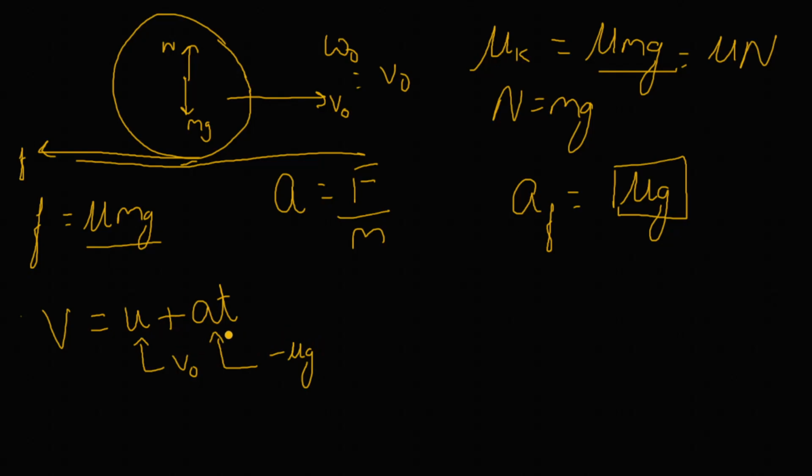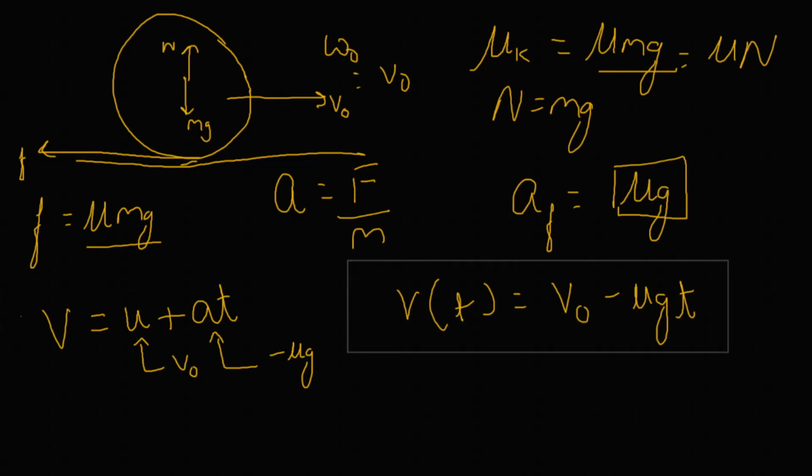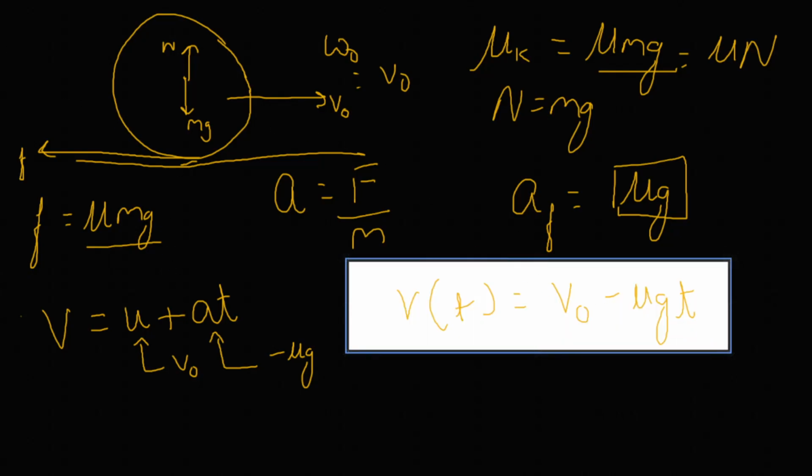It is going to be represented by a negative sign, and t is t. So let us write v as a function of time. V as a function of time is v naught minus mu g t. Let us highlight this. So this is important. We'll need it in the future in this question.